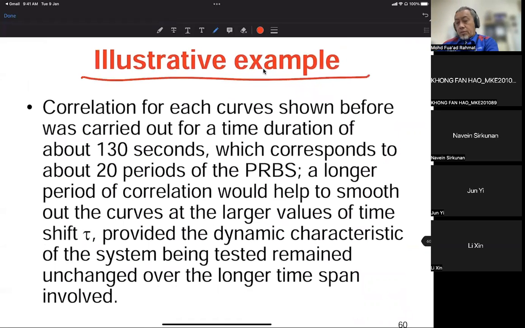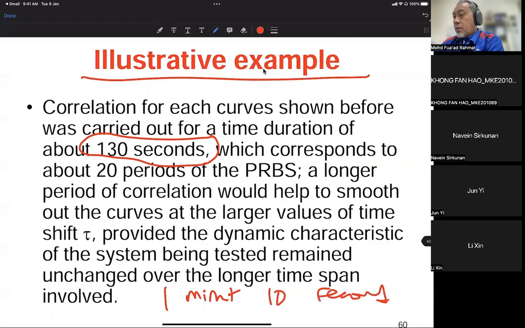So we have examples of correlation curves. Each curve shown was carried out over a time duration of 130 seconds. So this one is 1 minute 10 seconds, the experiment period, which corresponds to about 20 periods of PRBS.